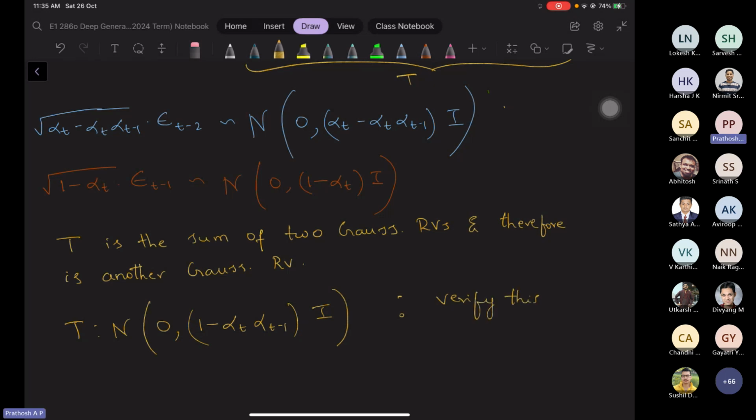Just take the sum of two Gaussian random variables with these particular means and variances, add them, and see what happens to the variance.